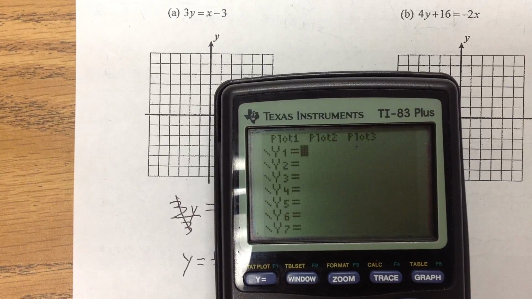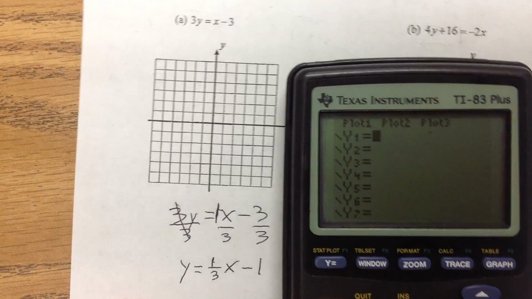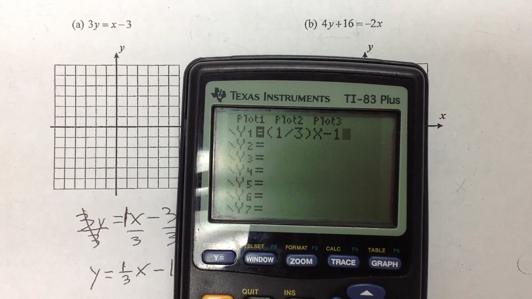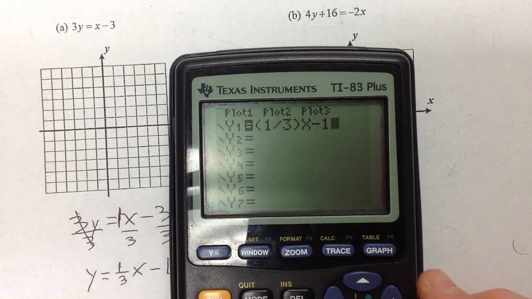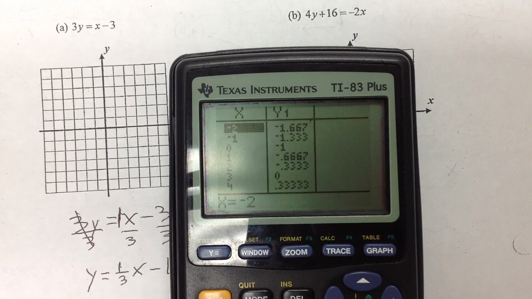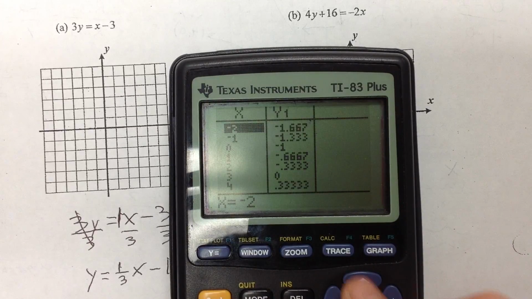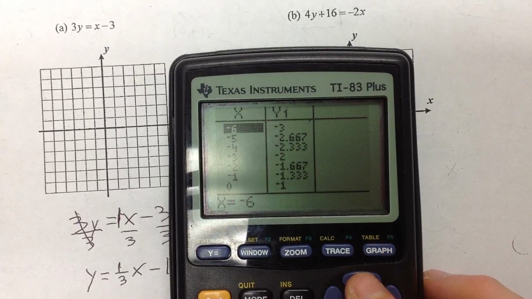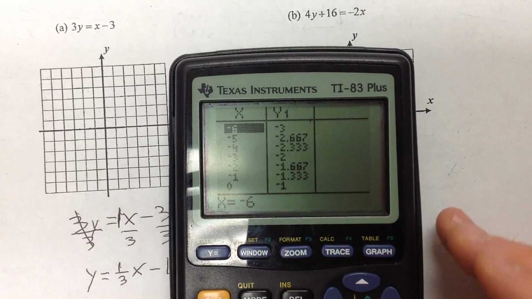So I just go to my y equals. I type in 1/3 x minus 1. All right, so there's the 1/3 x minus 1. I go to second graph, and then I'm going to get this table of points. And what I want to do is just use the ones that don't have decimals. So -6, -3.